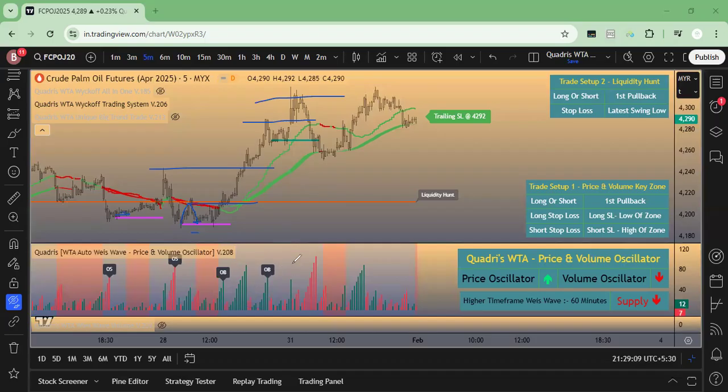Use it according to your higher time frame, and based on the higher time frame, look for the trend to be in favor or in sync with the higher time frame. When both things are in sync, it gives you a higher probability of winning the trade.